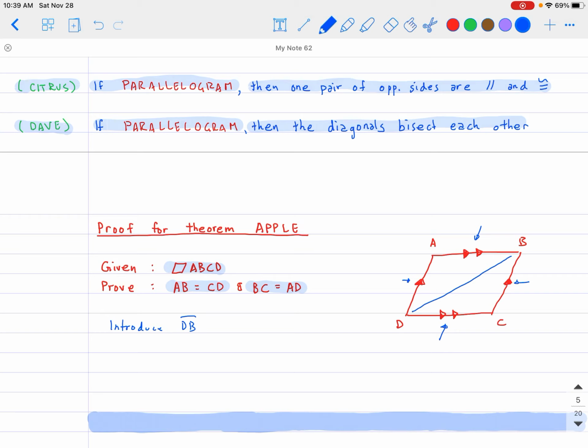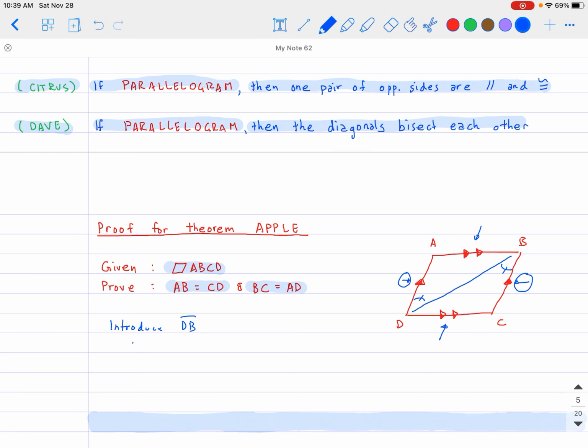I definitely do see something, because remember how we said AD is going to be parallel to BC? Then that means that this angle ADB is going to be congruent to this angle DBC. Oh, sorry, not AD, the line. Let me erase that a little bit.